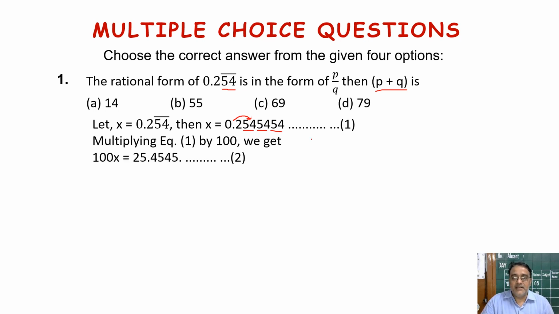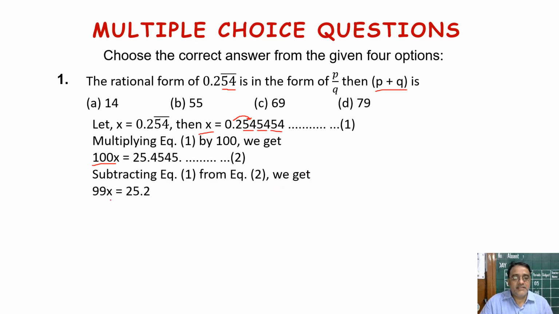Now subtracting 1 from 2, we will get 100x minus x, we will get 99x, and 25.4545 and so on minus this, we are going to get 25.2. So now x will be equal to 25.2 by 99.